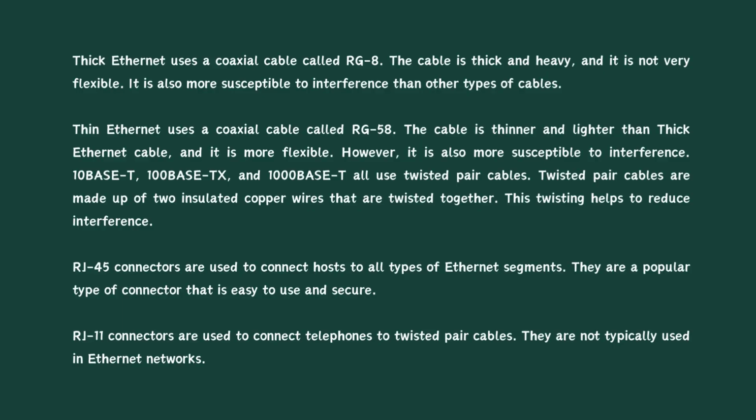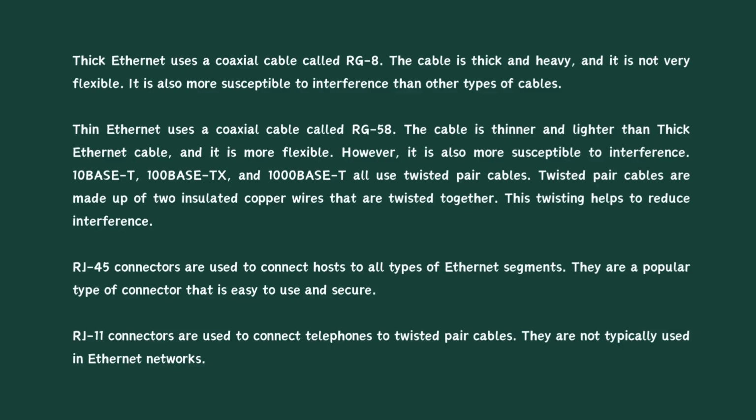Thin Ethernet uses a coaxial cable called RG58. The cable is thinner and lighter than thick Ethernet cable, and it is more flexible. However, it is also more susceptible to interference. 10BaseT, 100BaseTX, and 1000BaseT all use twisted pair cables. Twisted pair cables are made up of two insulated copper wires that are twisted together.